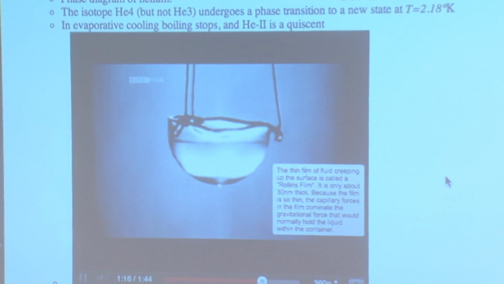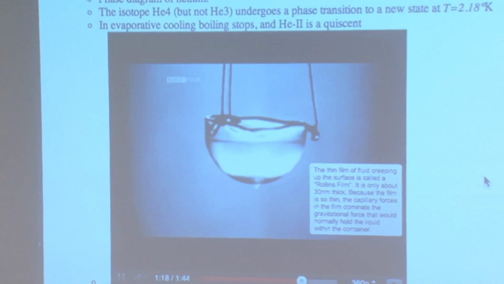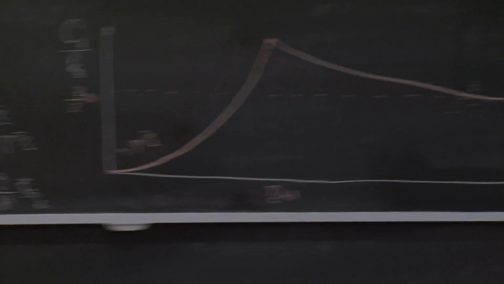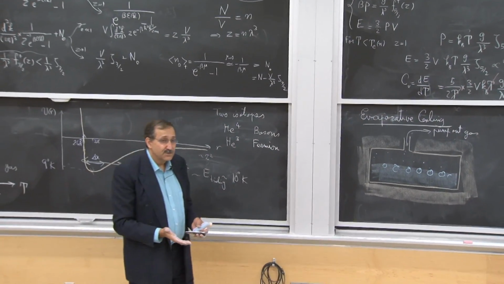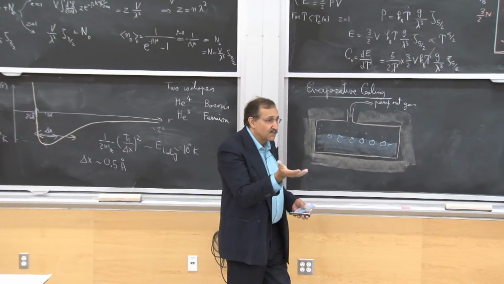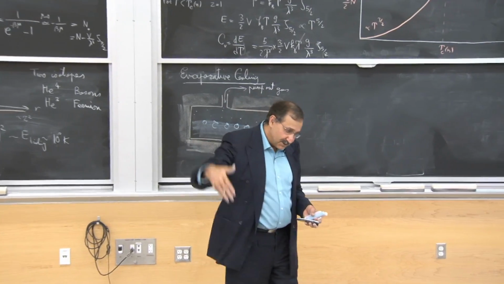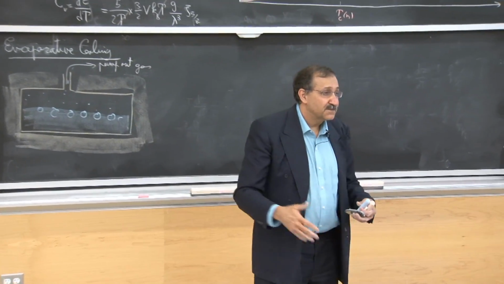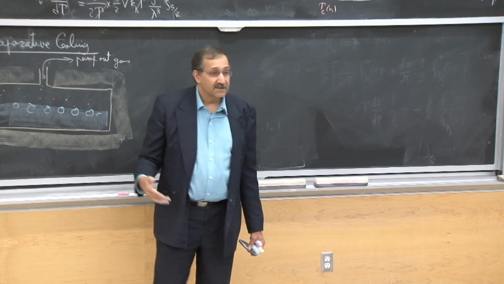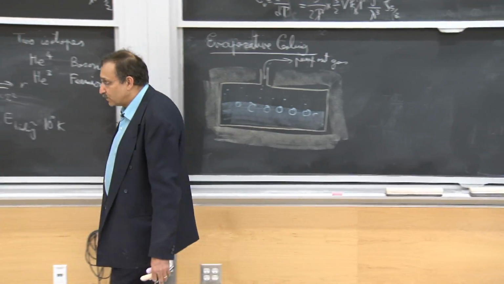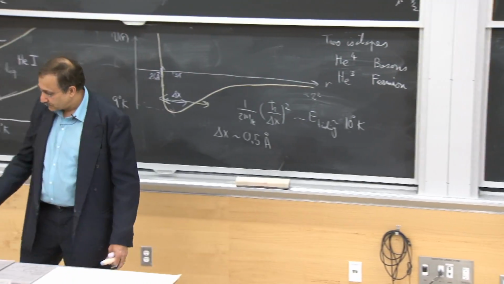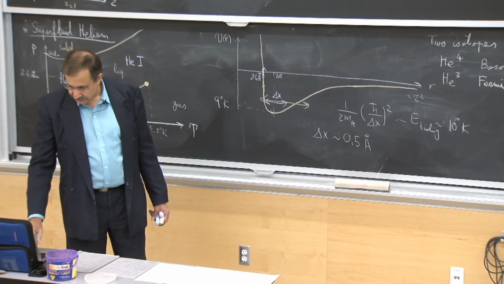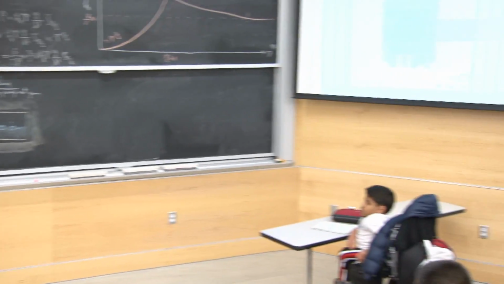As long as you were up here, the capillaries were sufficient to keep the fluid above. Once you went below, the fluid went through as if there is no resistance, and that's the superfluid property.